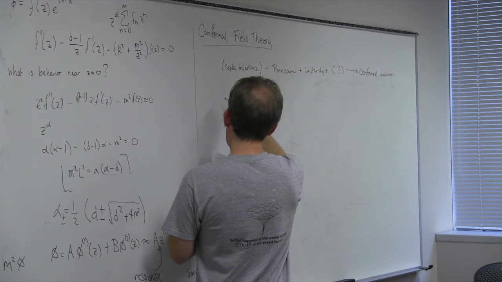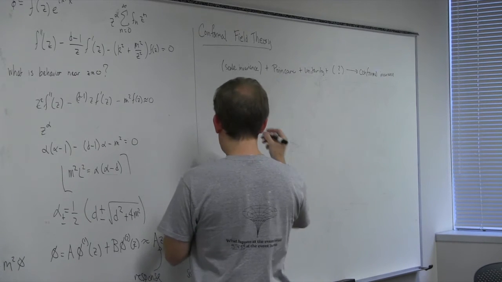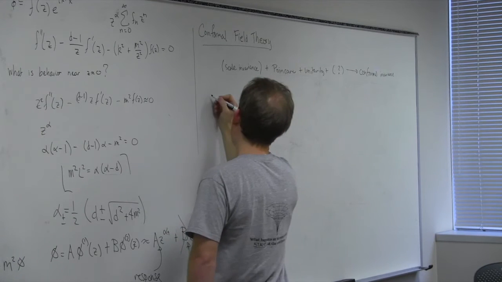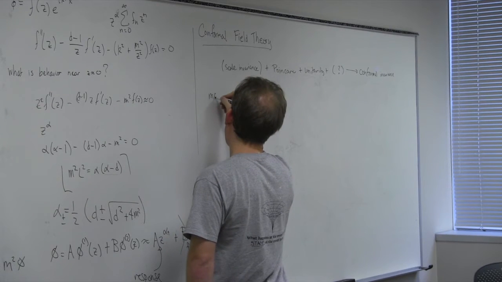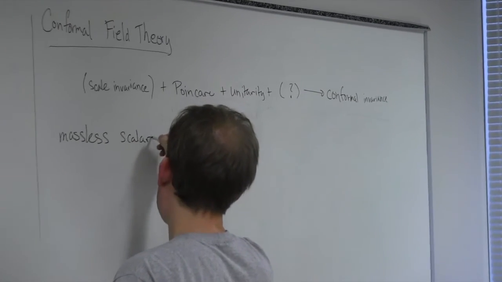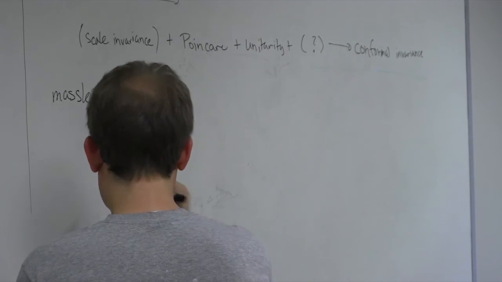So what's the most symmetry that you could have? Well, it's the symmetry of the kinetic term. Let's just talk about a massless scalar, and now we're working in flat space in d dimensions.